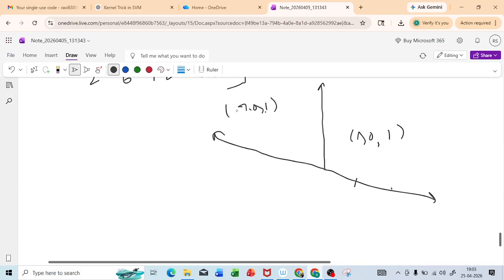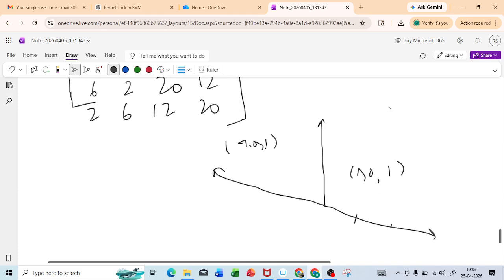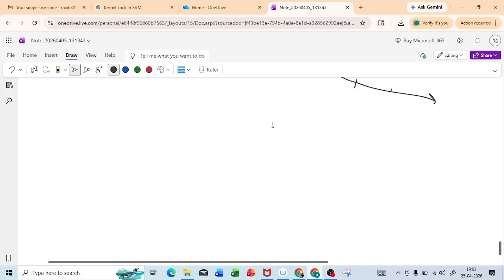All right, and then what we said was our point would be in higher dimension, which would be 2 comma 0 comma 4. Okay, and then this point would be removed. Okay, we'll need this in some time. Oh, let me do one thing.